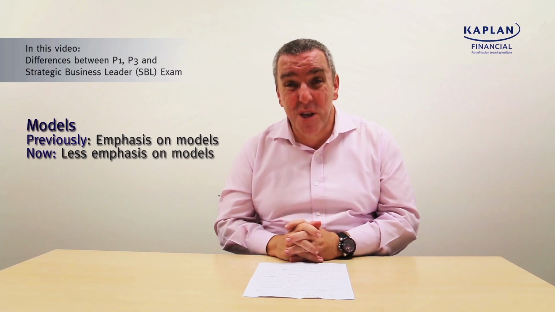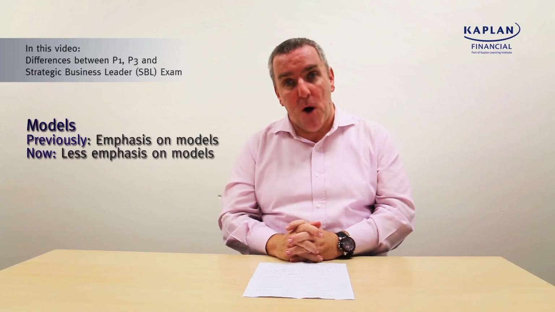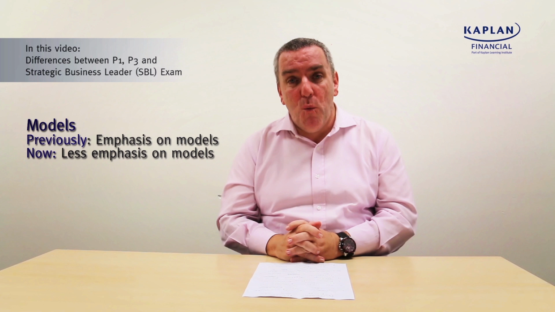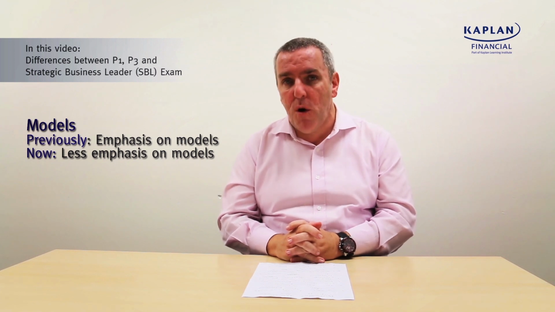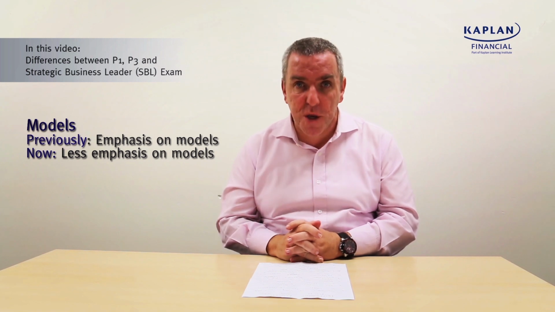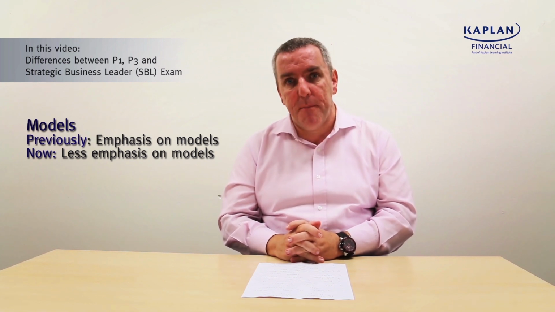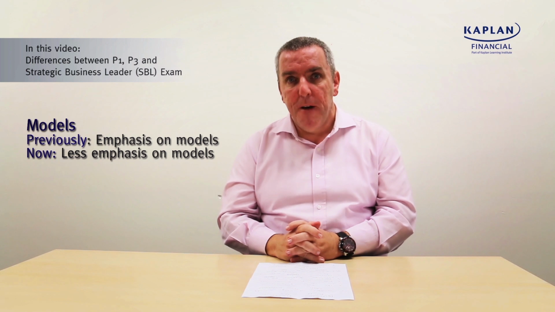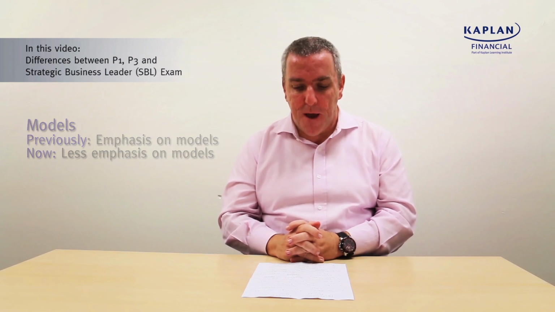The big difference is they're going to cut back on the models in the exam. In fact, what they said in the ACCA training was, you are not expected to use or make reference to any models in the SBL exam. So that is a major difference compared to the P1 and P3 paper.